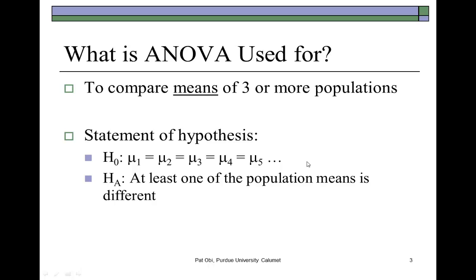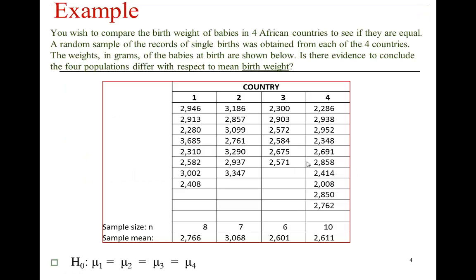To describe the structure of ANOVA, I introduce this example, which seeks to determine if the average birth weights of babies in 4 African countries are equal. What you see here is a random sample of baby birth weights for country 1, 2, 3, and 4.